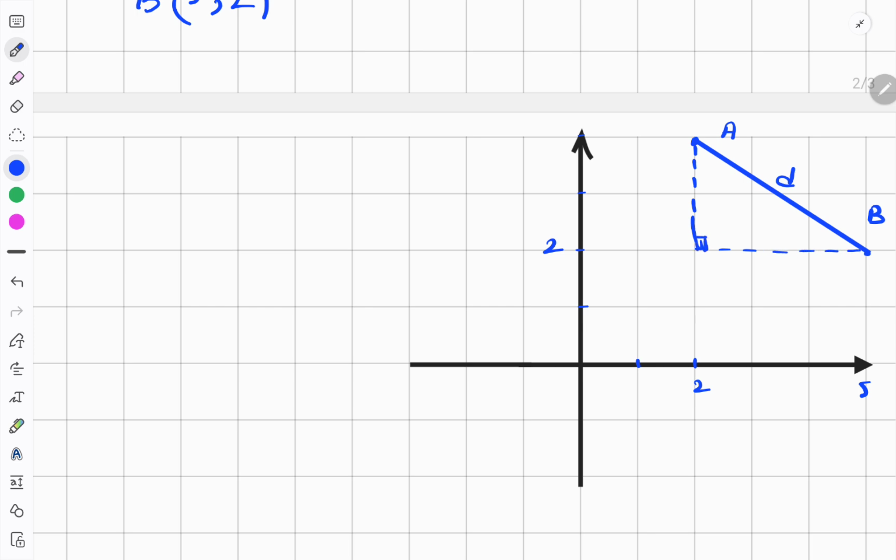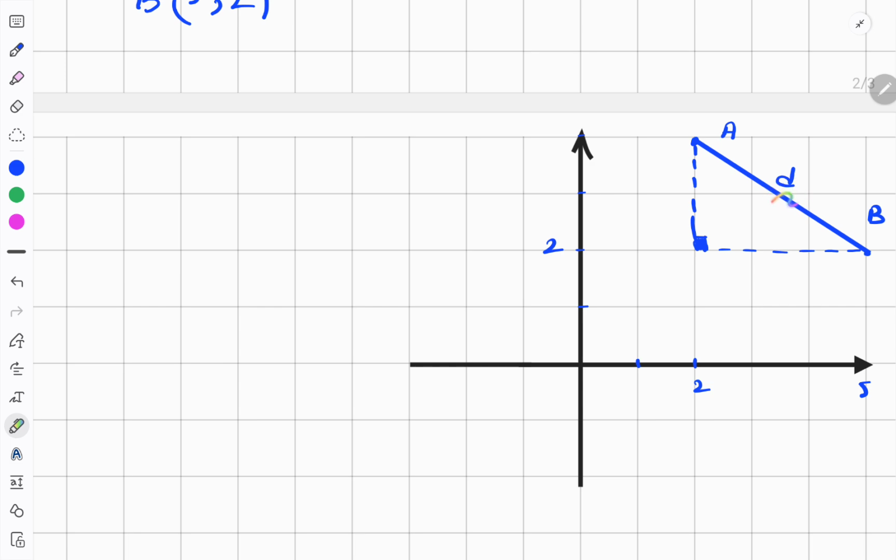This is a right angled triangle because this is a vertical line and this is a horizontal line, and they are perpendicular.